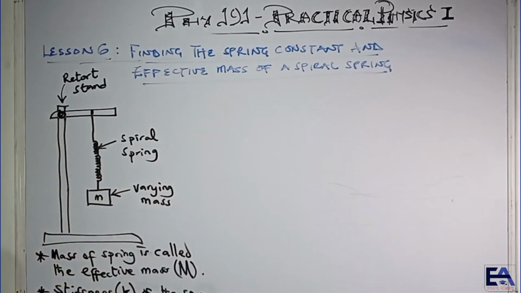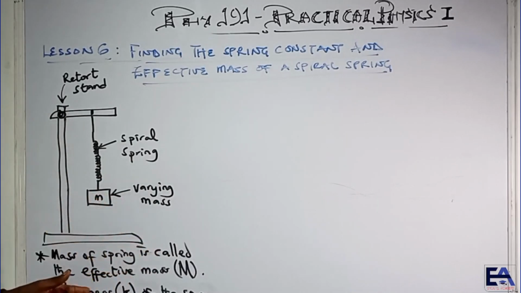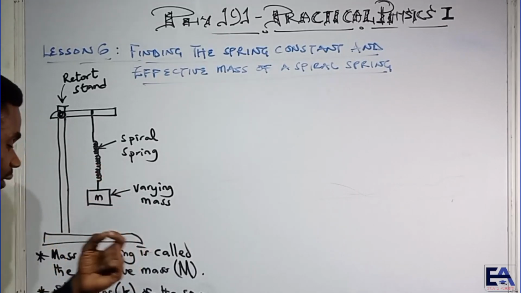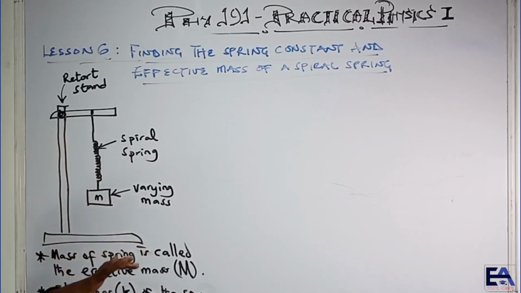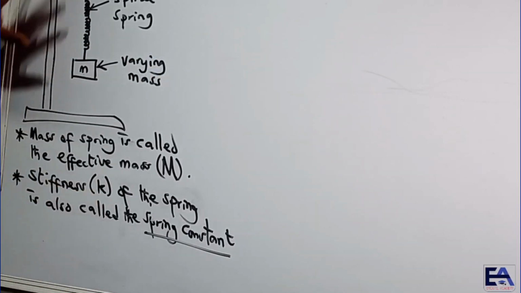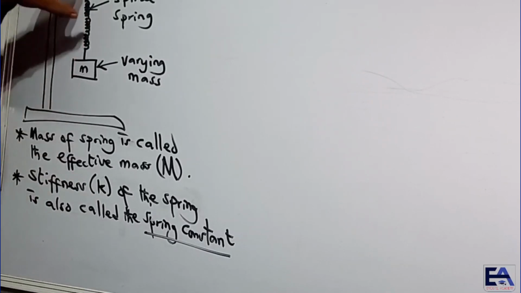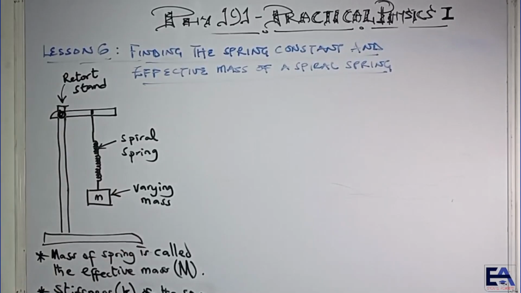Apart from the effective mass, we also have the stiffness. The string has a particular constant called the stiffness of the string, represented as constant K. So K signifies the stiffness of the string, while big M is the mass of the string itself, which is the effective mass, and small m is the varying mass, the mass that we keep changing along the line of the experiment.